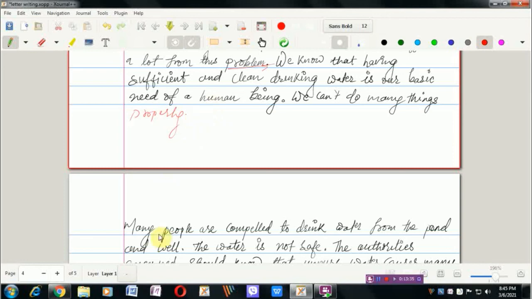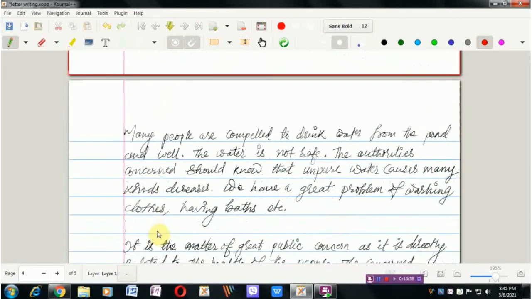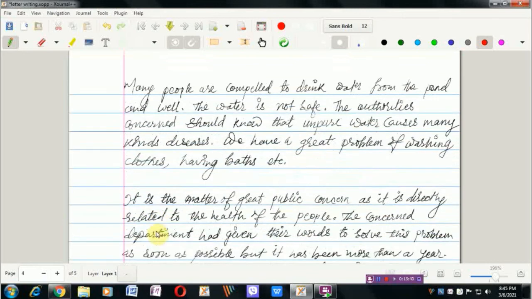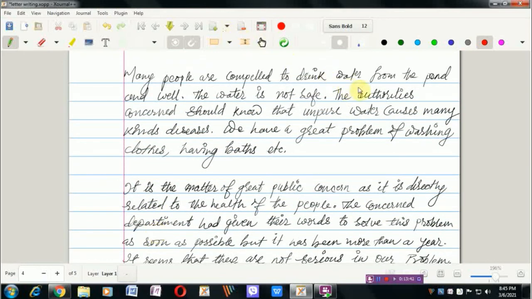Many people are compelled to drink unsafe water from ponds and wells because of the poor supply of drinking water. They don't get pure or safe water in our area.